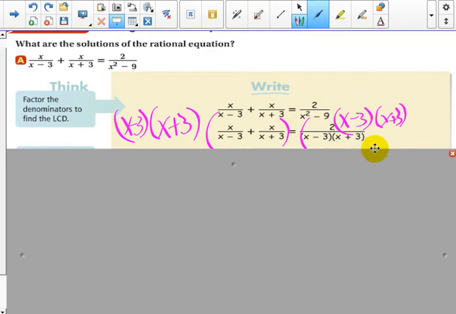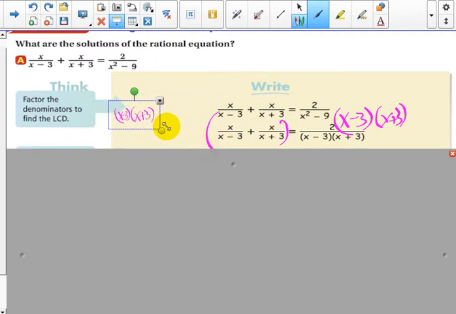So now I've got 2 times x minus 3 times x plus 3, and over here I've got x plus 3 times x minus 3. I'm going to copy and distribute to each one of those terms right there. It's a little hard to see, but it's there. So I distributed that to both of those terms on the left side and to the one term on the right. Now let's start canceling.